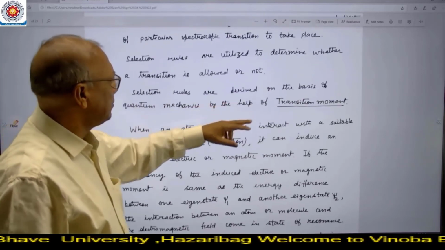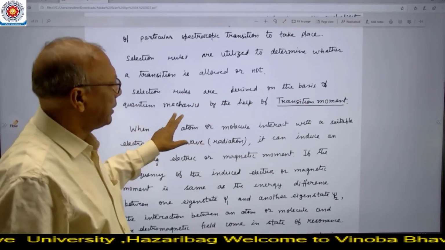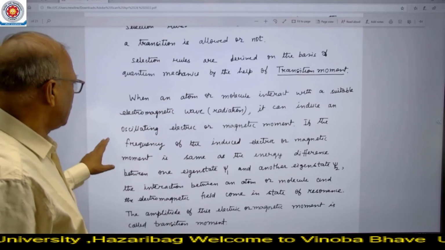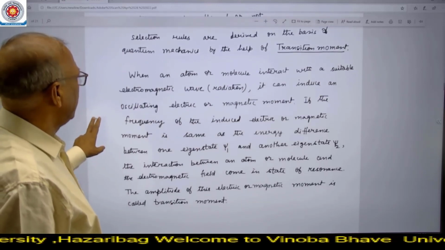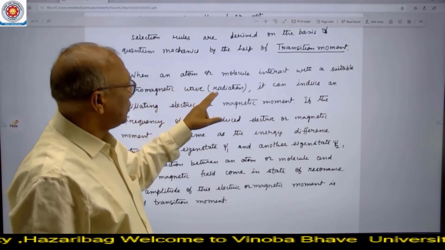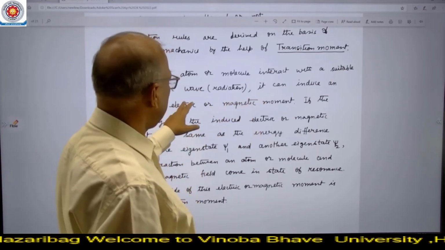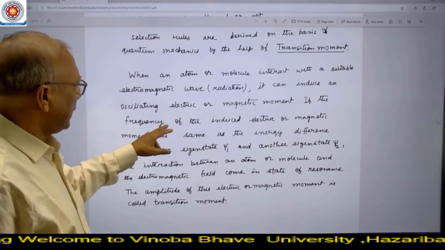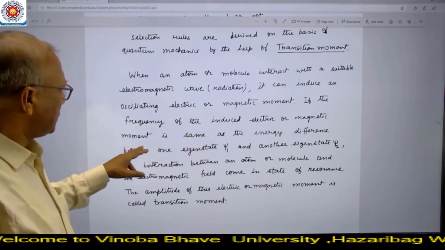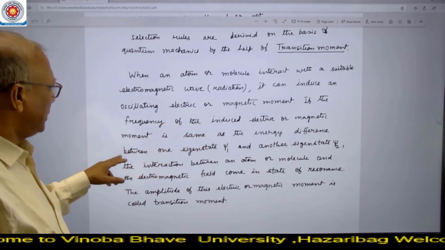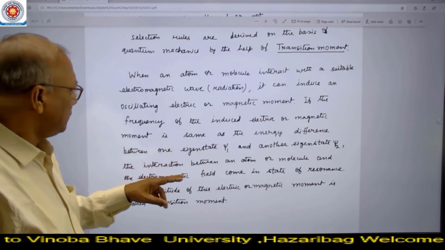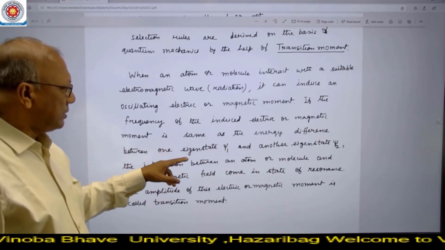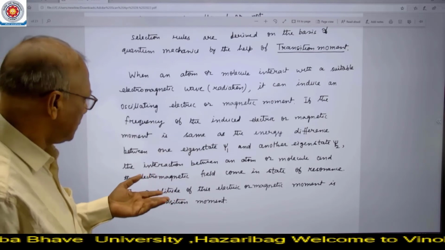Selection rules are derived on the basis of quantum mechanics with the help of the transition moment. So some mathematics is also required here. When an atom or molecule interacts with a suitable electromagnetic radiation, it can induce an oscillating electric or magnetic moment if the frequency of the induced moment is the same as the energy difference between one eigenstate psi1 and another eigenstate psi2.